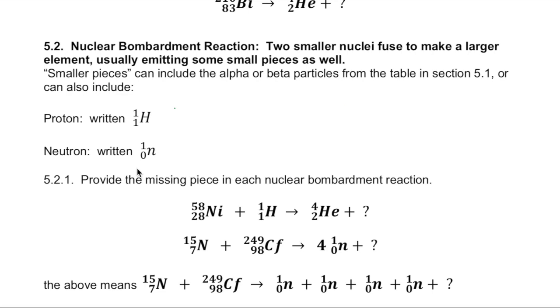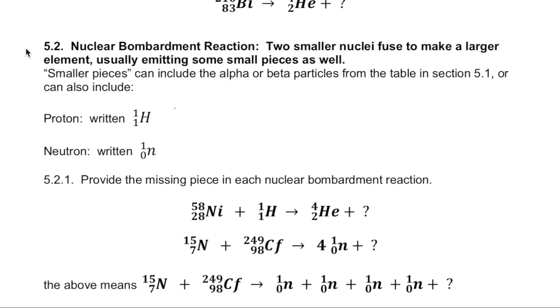So there's just a couple other types of nuclear reactions that you can have. The previous section talked about things that happen spontaneously, naturally, to radioactive isotopes.